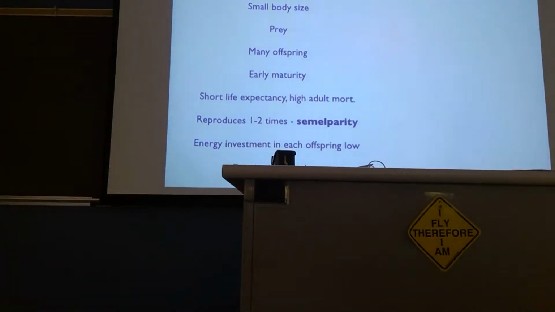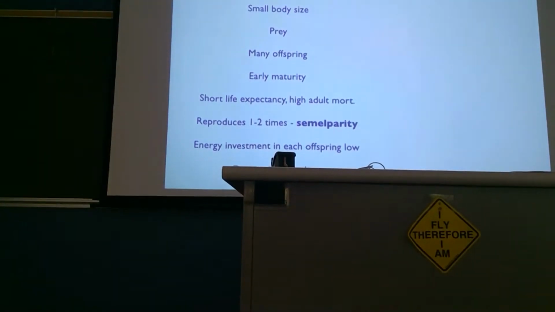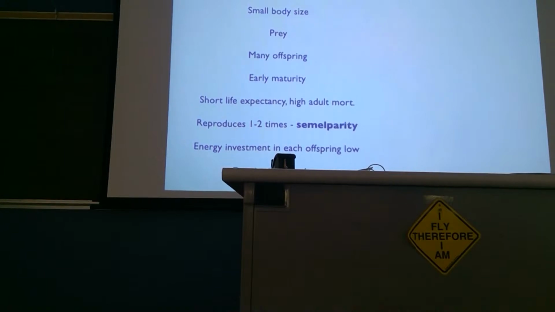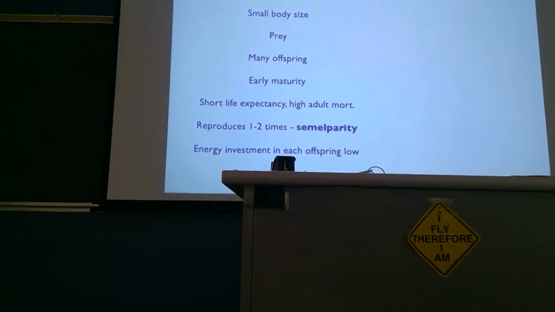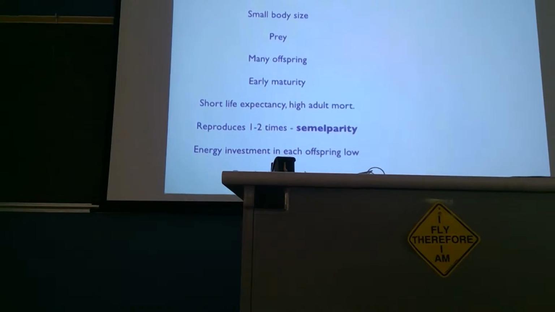Our R life history strategists tend to be small bodied. They don't grow very much before they start to reproduce. They never get very big because they get eaten. Because they're prey. Our classic prey species are rabbits, mice, insects, small fish species, invertebrate mollusks, the things that eat primary producers and then themselves get eaten. Those are classic R life history strategists.